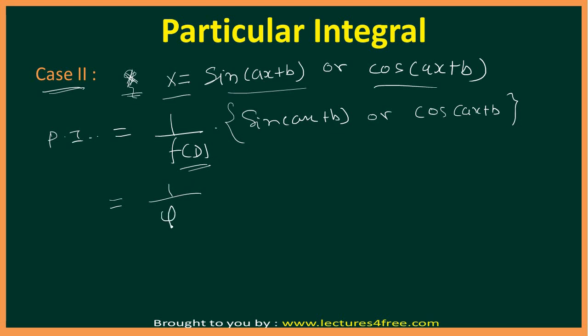We have to mainly see the D square term, so let's write it as phi of D square. We have to consider only the D square terms.